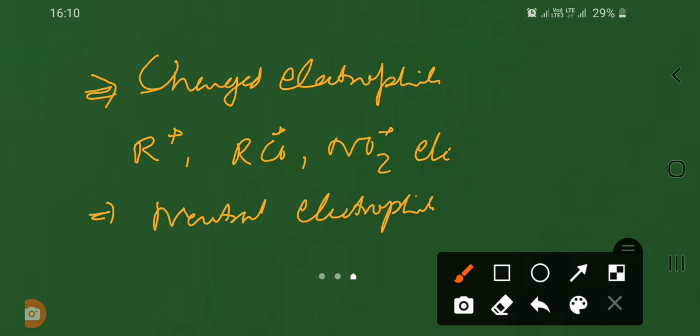These are electron deficient and possess no charge on them, like AlCl3, beryllium chloride, and so on.